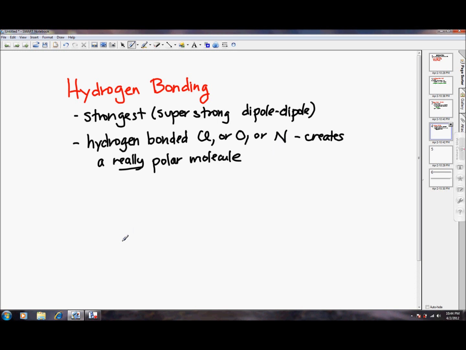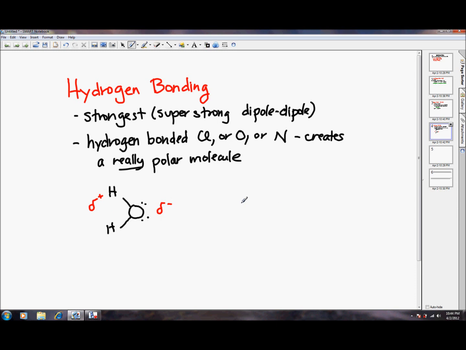So let me give you a quick example of what this looks like. I'm going to use water, because water is a very polar molecule. It's a very polar molecule because it has oxygen bonded to hydrogen. Now, because of the lone pairs, this is the negative end of the molecule. This is the positive end of the molecule.